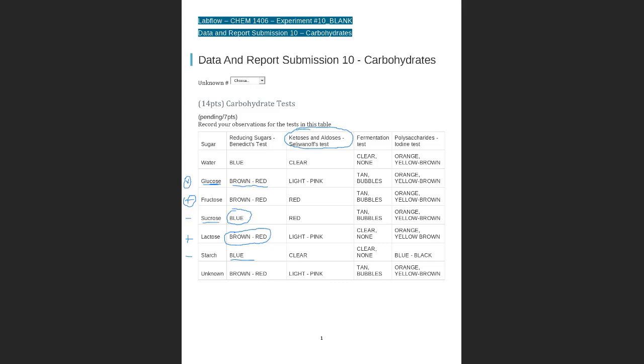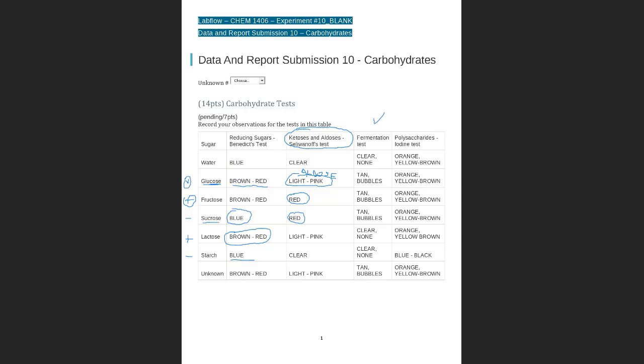Yes, because when we see light pink, that means that we have an aldose. That is the color of the aldose. This test is just to distinguish if we have an aldose or a ketose. What happens if we see a red? Oh, we have a ketose. So here we have a red, and based on the color, you will write on the other part.